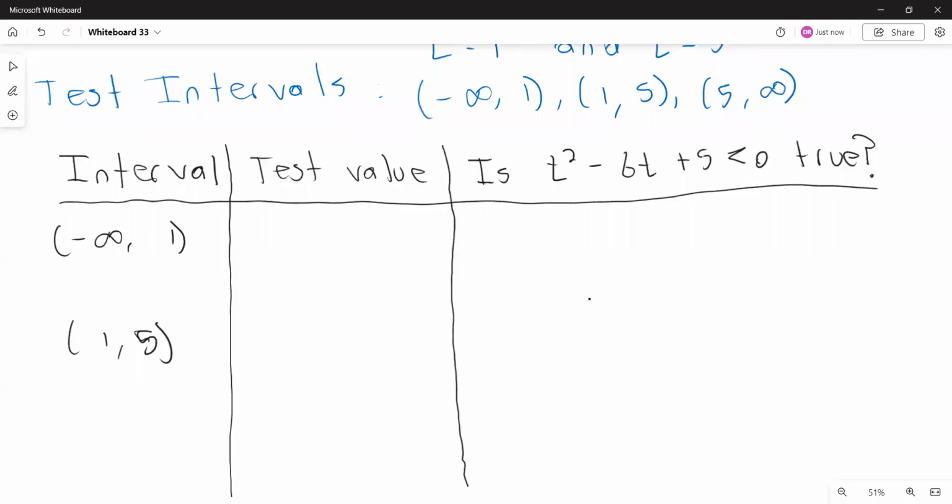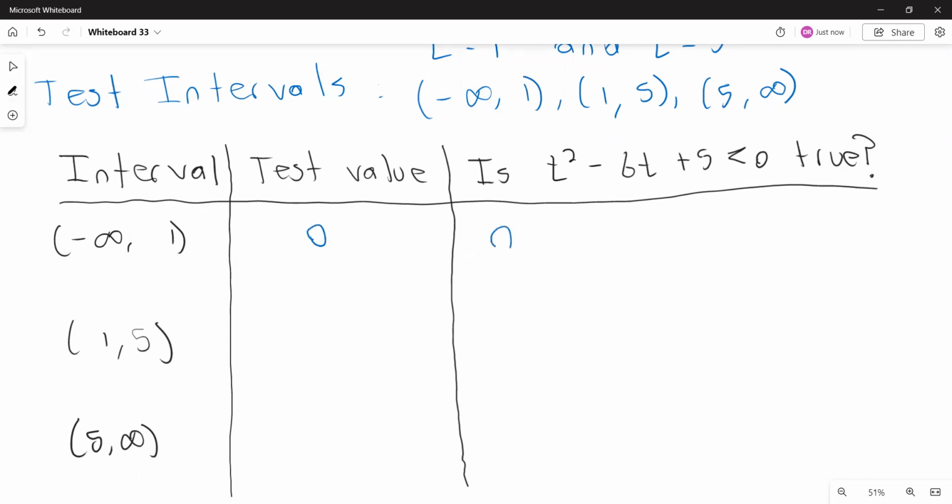Okay, so the intervals are negative infinity to 1, 1 to 5, and 5 to infinity. The test values are on negative infinity to 1. The simplest I can think of is 0.